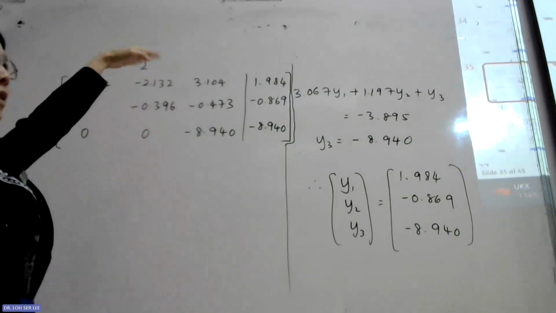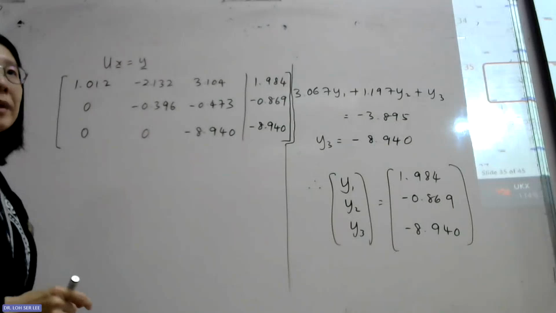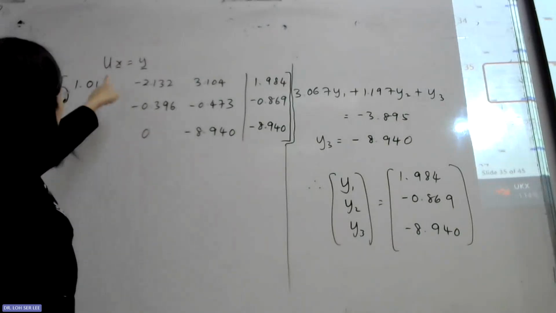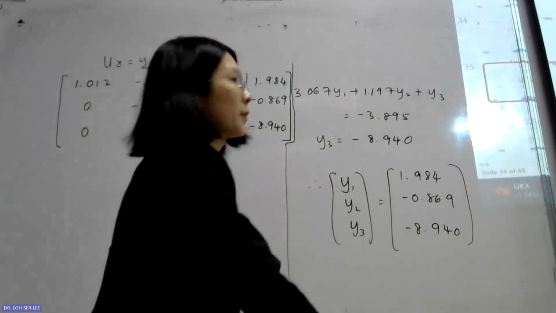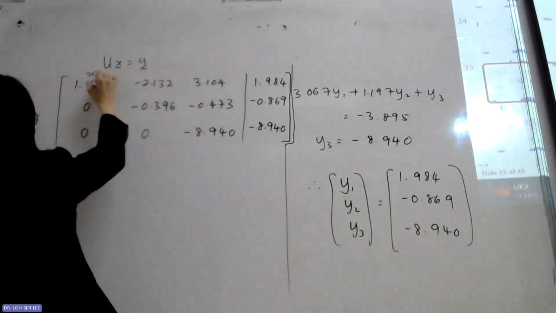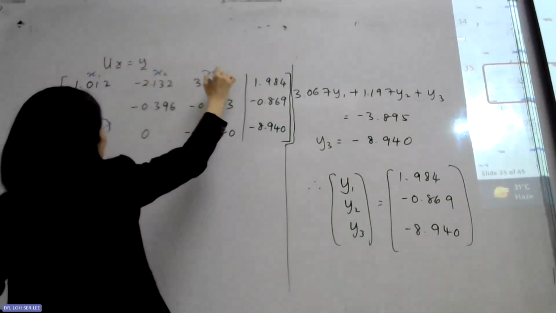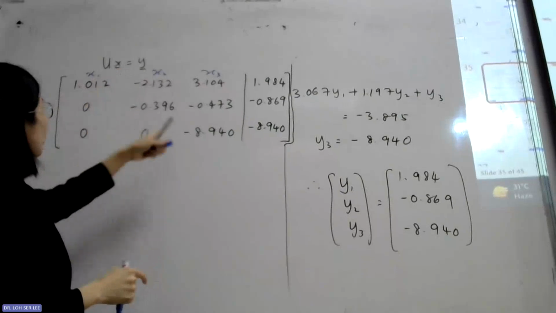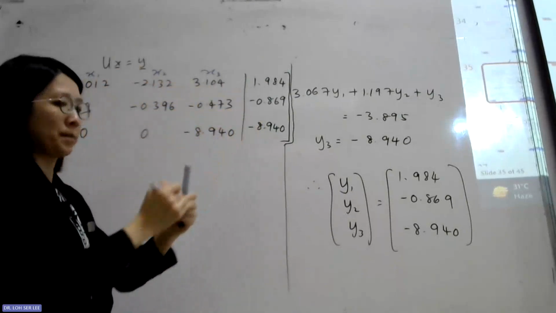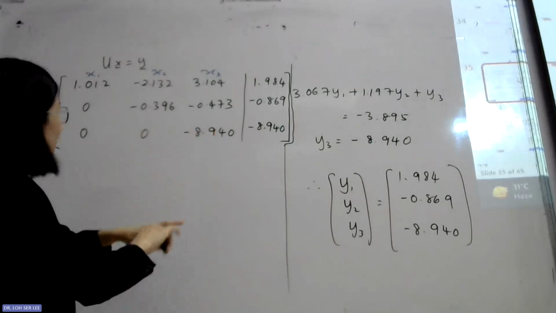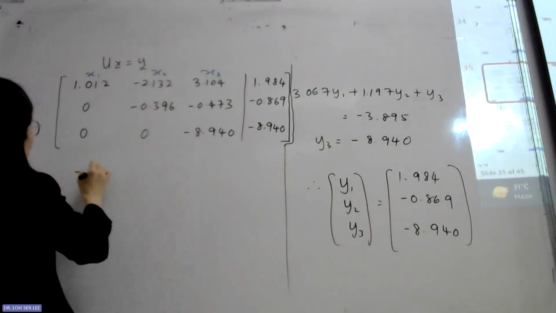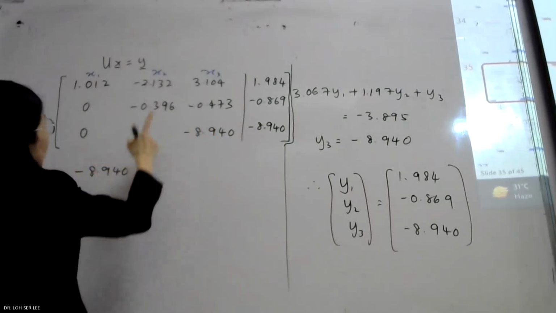So this one, backward substitution. Okay, backward substitution. This is UX equals to Y, so U and Y. So this is your x1, x2, x3. Okay, x. UX equals to Y. Okay, so from this last row, x3.